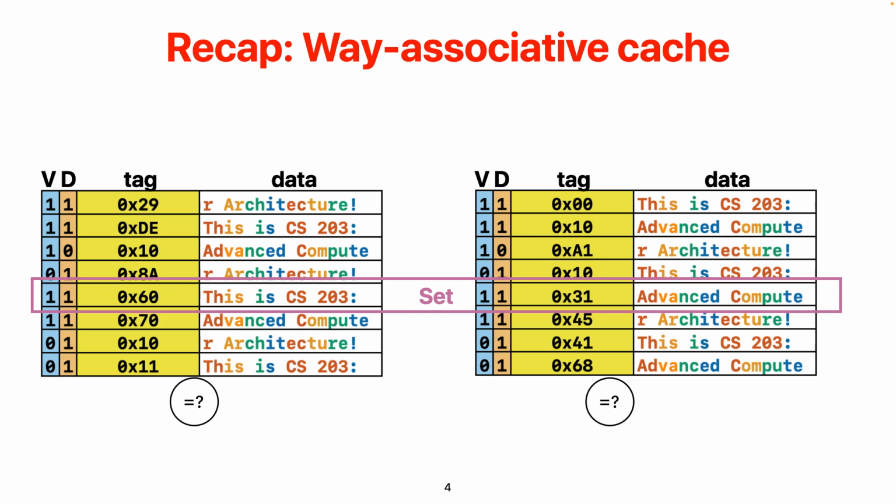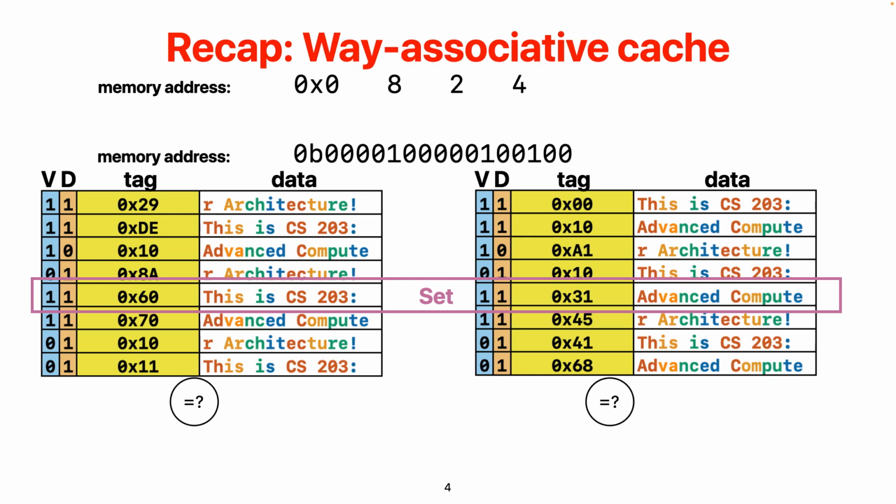By mapping them into sets, you get an effect like a hash. People know the good thing about a hash is that the search time is order one, right? But how do I determine where the data block should go, or where I should look for a data block? The answer is that you have to look at your address. In your memory address, because we have fixed-size chunks, the least significant bits will be used as the block offset.